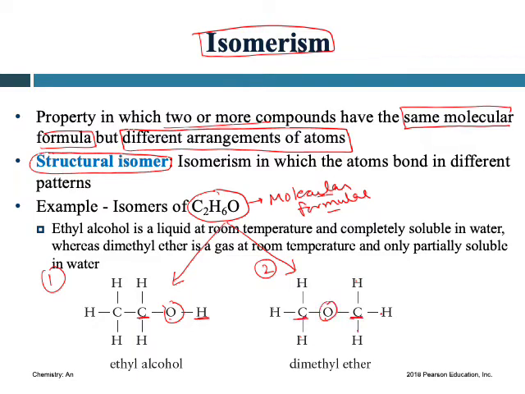So they have a different structure, or different arrangement of atoms, right? So you just rearrange the oxygen atom. This is called isomerism, and specifically structural isomer, because structurally they look different even though they have the same molecular formula, right? So make sure you remember what an isomer is and what a structural isomer is.